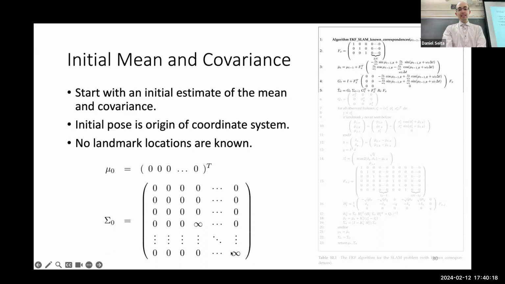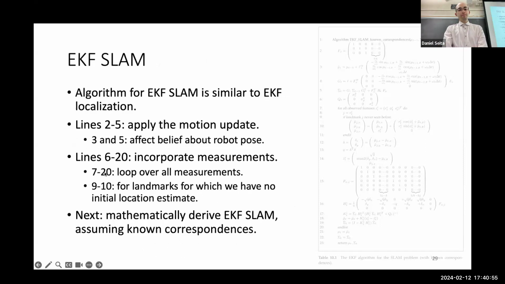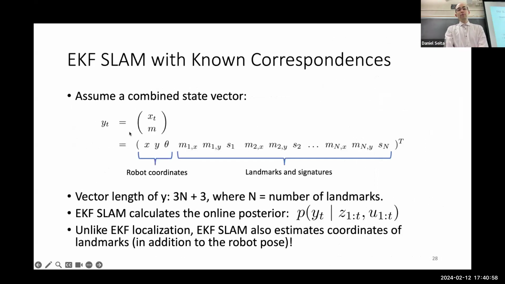Why are there infinities here? In practice, if you write it in your code, you would just replace infinity with a large number, maybe np.inf. What does this mean? If you remember, this is our state.